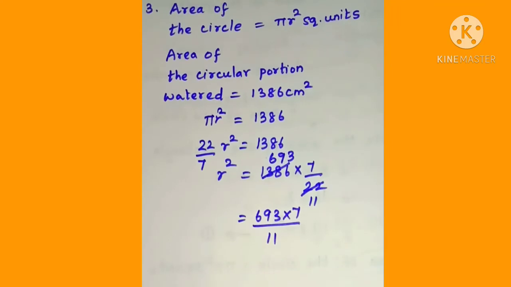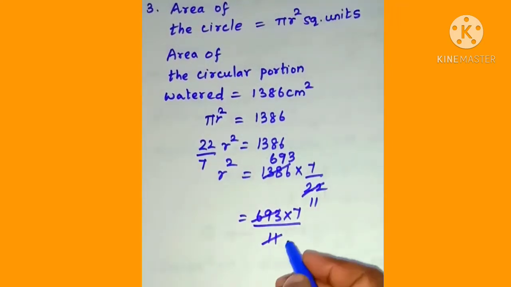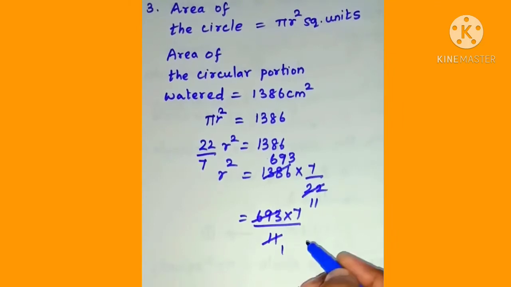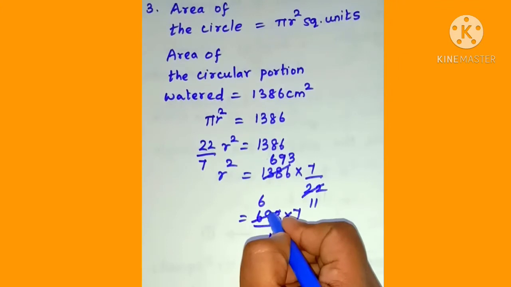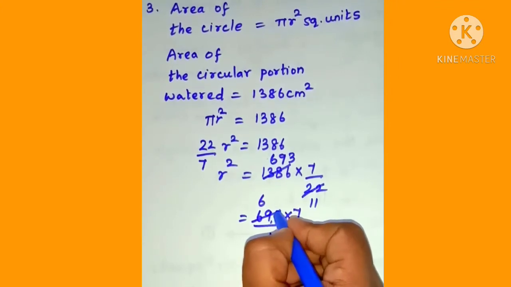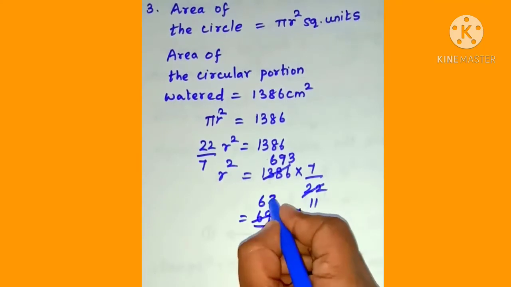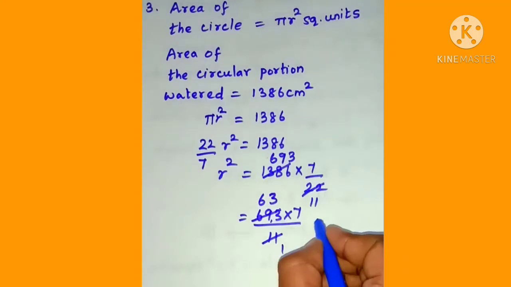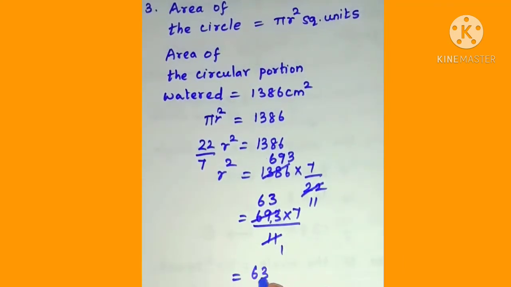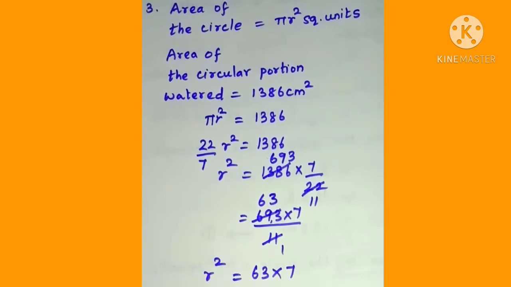So again, when we cancel this value by using 11 table, here it is 1 time and here it is 6, remainder is 3, and 33 is 3 times. So 63 11s are 693, and now we get 63 into 7, which is the value of r square.